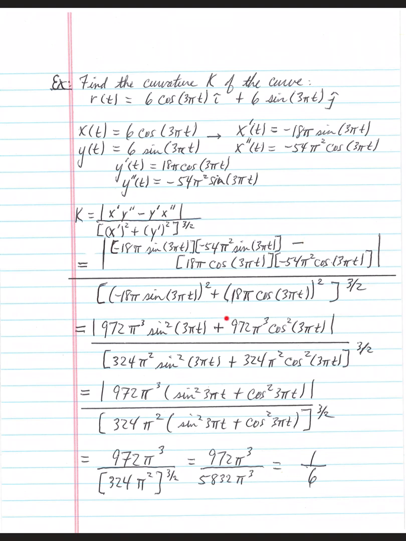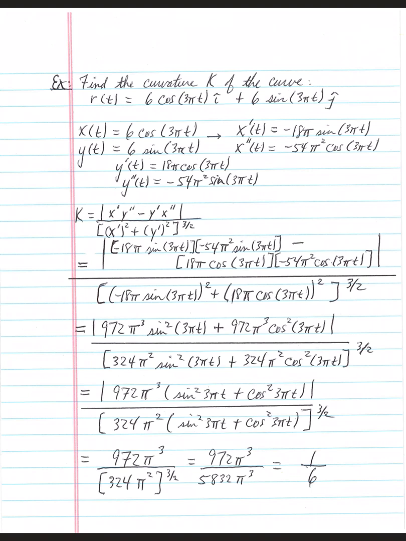Minus a negative, that's why this is a plus, 972 pi cubed cosine squared 3 pi t. In the bottom, when you square this term, you get 324 pi squared sine squared 3 pi t. The second term, y prime, when it's squared, it's 324 pi squared cosine squared 3 pi t. Don't forget all of it's to the 3 halves in the denominator.